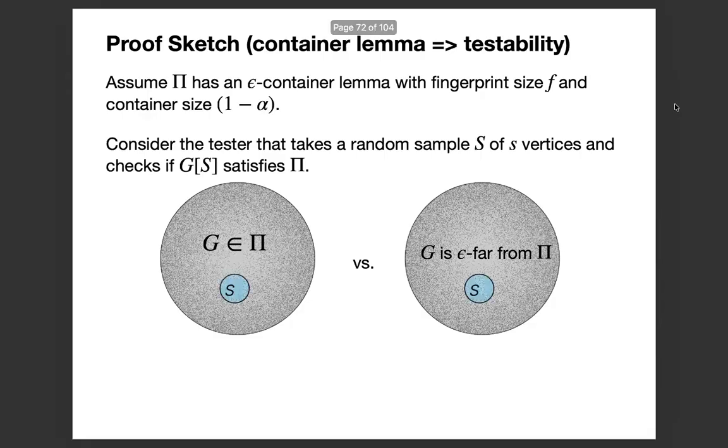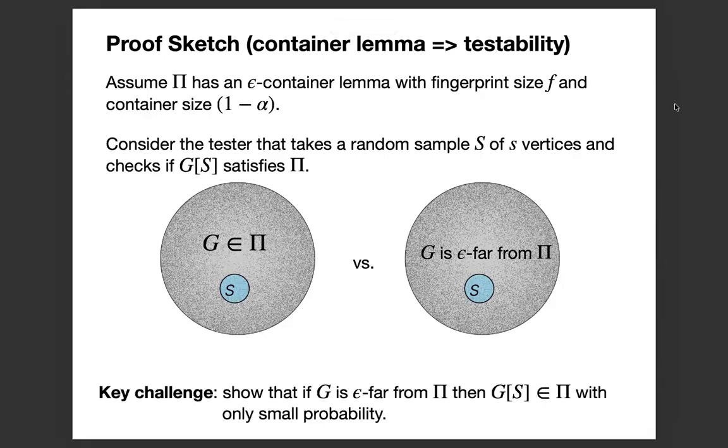One of these cases is very easy to analyze. If you had the property, when you take the sample, because it's hereditary, it has the property. Okay, easy. The hard part is showing that if you're epsilon far from the property, then when you take the small induced subgraph, it does not satisfy the property. Or in other words, it only satisfies the property with small probability.